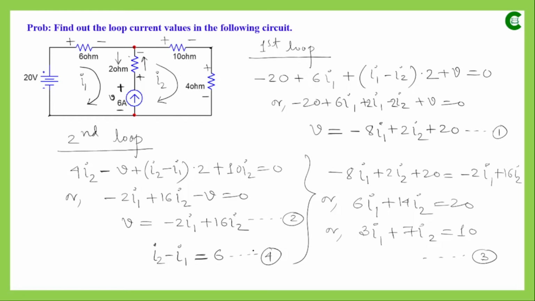Now we have to simplify these two equations to finally get the values of I1 and I2. So I2 minus I1 is equal to 6. What we can do is multiply this equation by 3. If we do that, then we will get 3I2 minus 3I1 equal to 18.